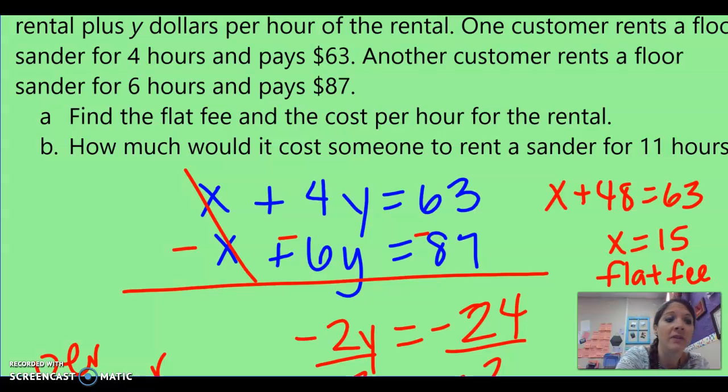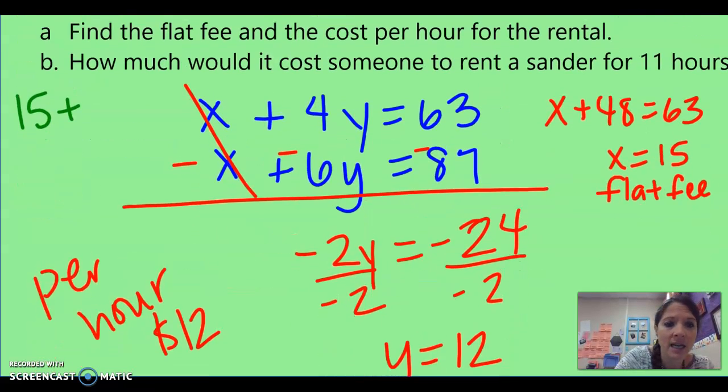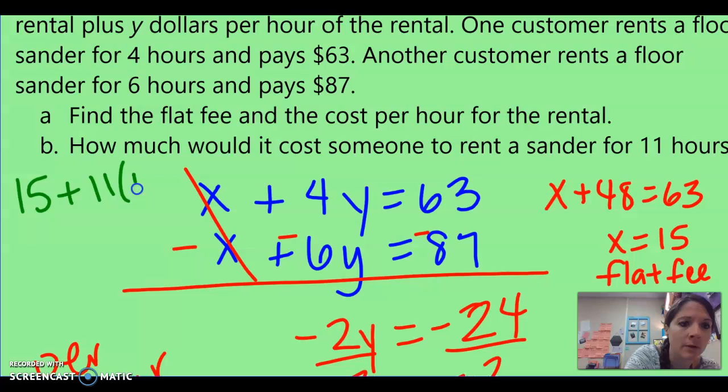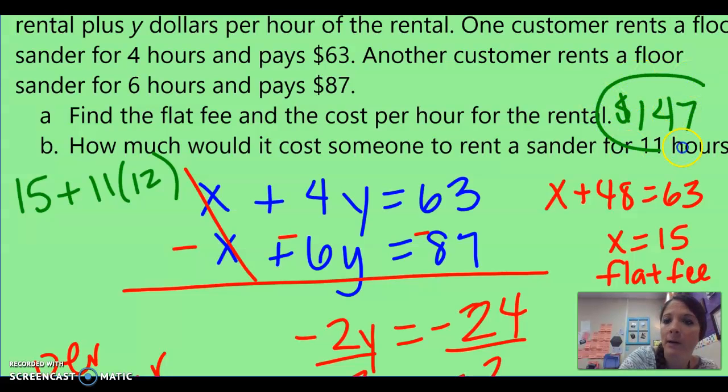Okay, so I've got my $15 for my flat fee plus 11 times 12. So let's do 11 times 12 plus 15. It's going to be $147 for 11 hours.